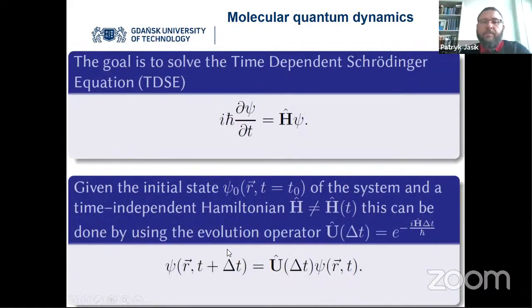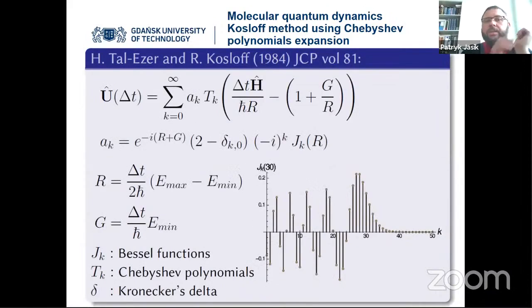So the goal is to solve the time-dependent Schrödinger equation, so we have to define the evolution operator. In our approach, we used the Kosloff method using Chebyshev polynomials. You've got the Chebyshev polynomials here.